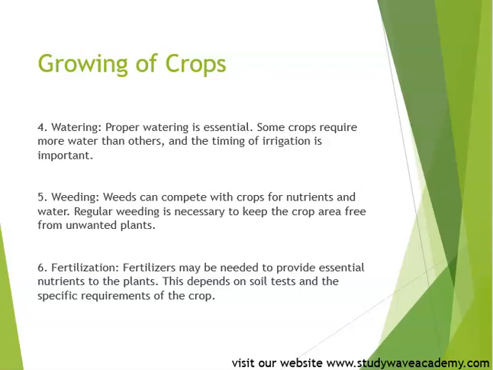Fertilization. Fertilizers may be needed to provide essential nutrients to the plants. This depends on soil tests and the specific requirements of the crop. So all these are activities of growing of crops: watering, weeding, fertilization.